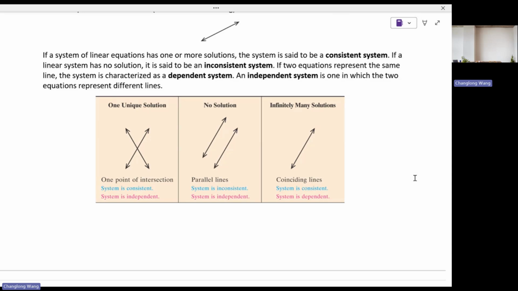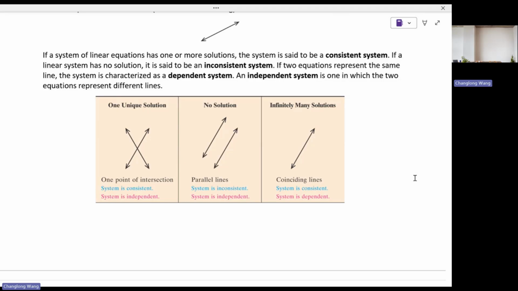Each equation will be plotted, and it will be a line. The first case is if the system has one unique solution, and that solution has two numbers, one for x, one for y. That's an ordered pair for a two-dimensional linear system.